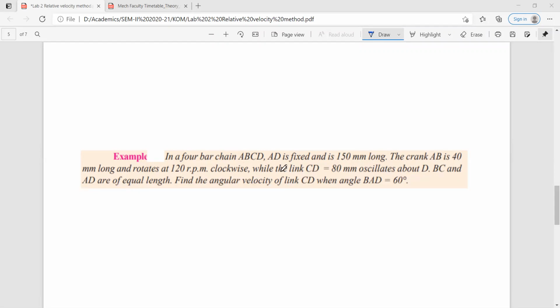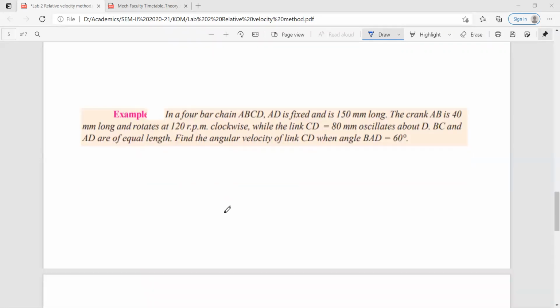So first of all, like you do in ICR method, you have to draw the space diagram, which you also know as your configuration diagram. Okay, so how to imagine this angle BAD is 60 degrees.